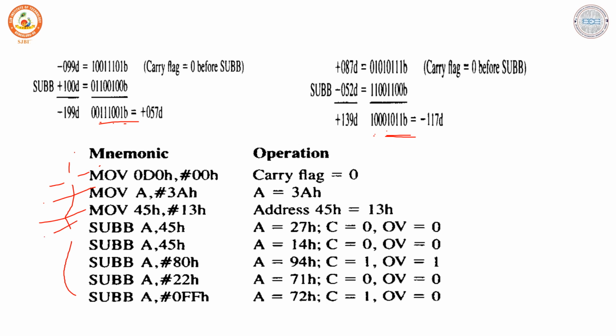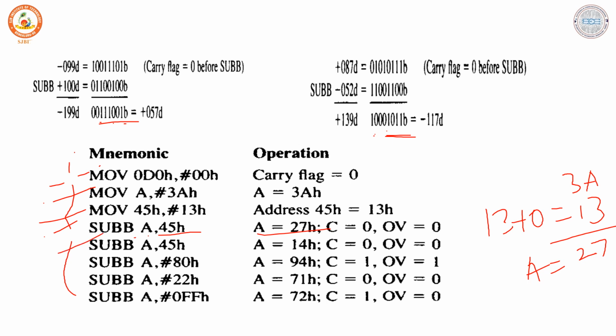Now we are subtracting A comma 45H. 45H contains 13, and the carry is already 0, and the accumulator value is 3A. Now we are subtracting the content, that is 13 plus 0, which is equal to 13, from the value of the accumulator, that is 3A, right? So this becomes 27, which is loaded back in the accumulator, that is 27H.